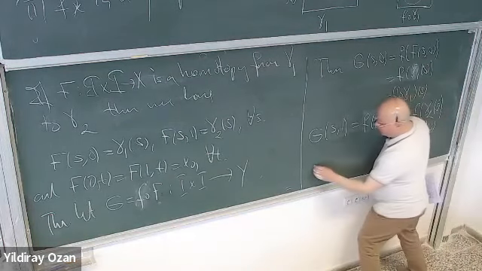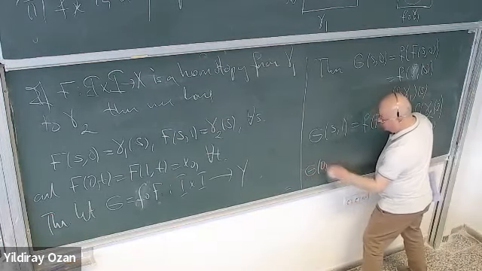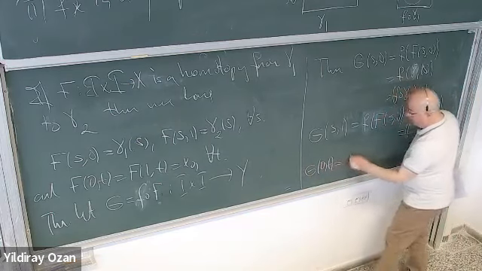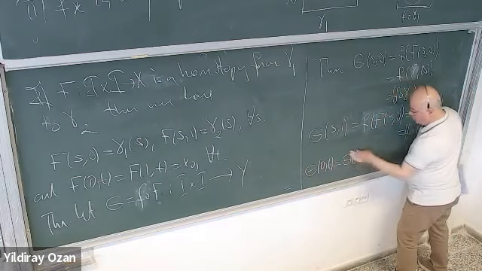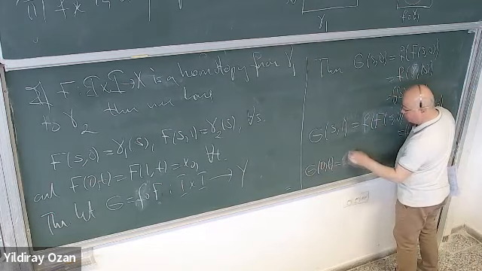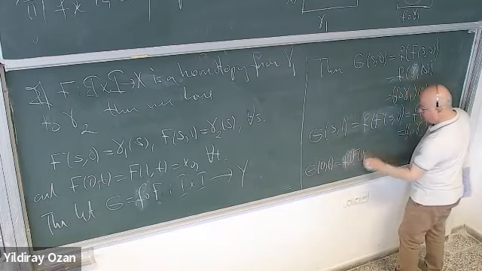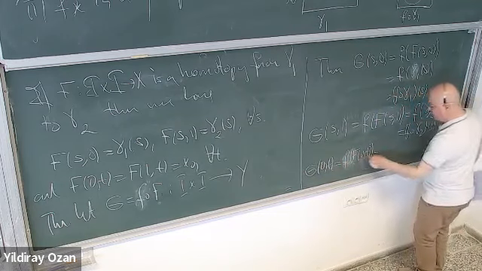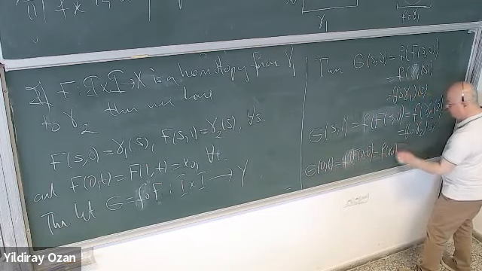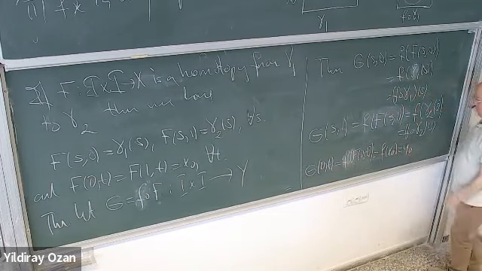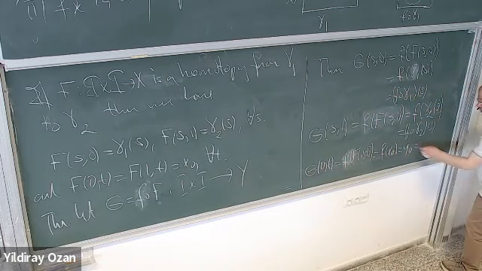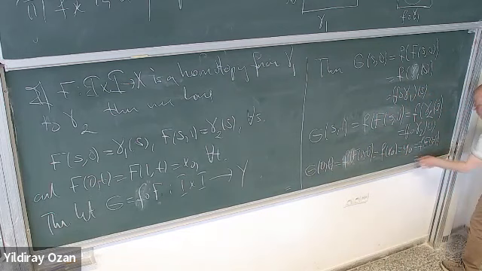And similarly, G of 0,t. Okay, so this is just f of F of 0,t, but this is just x0, so this is y0. And that is just, of course, f of F of 1,t, which is G of 1,t.